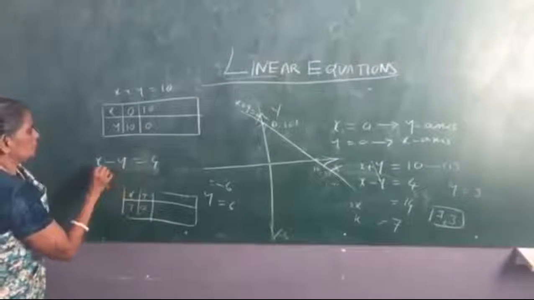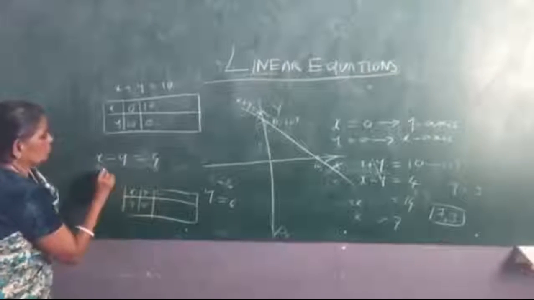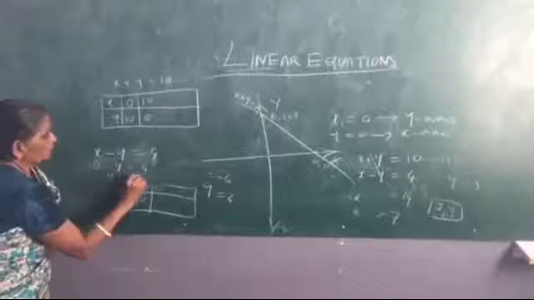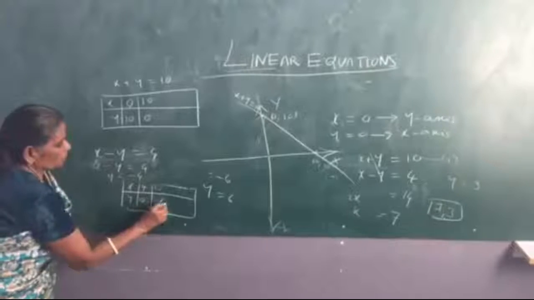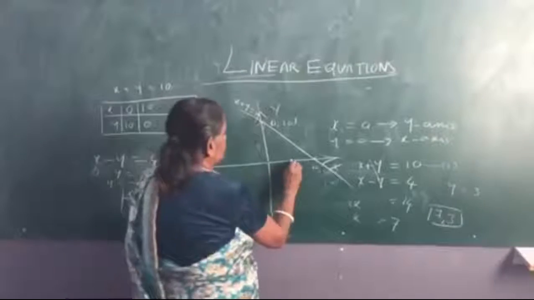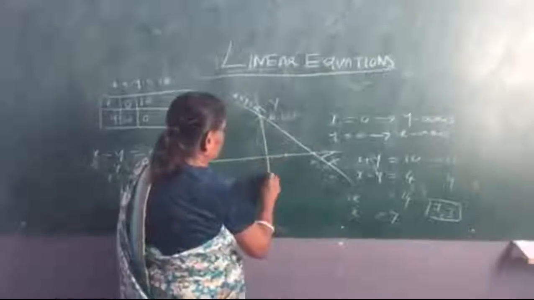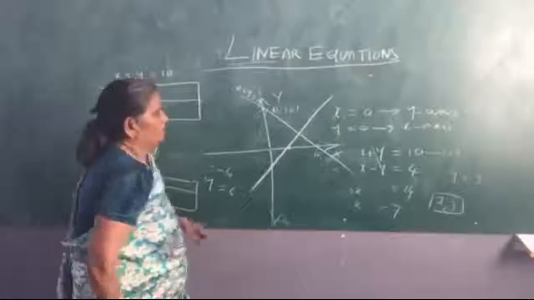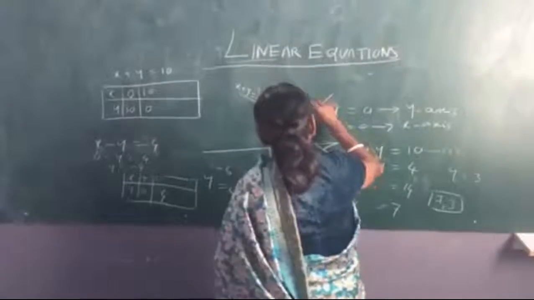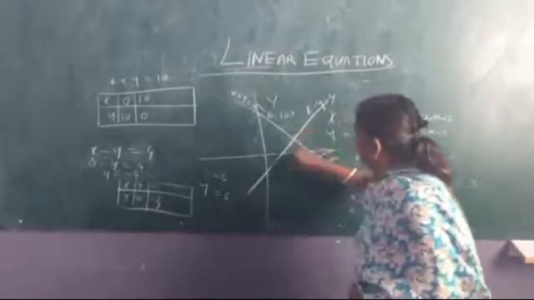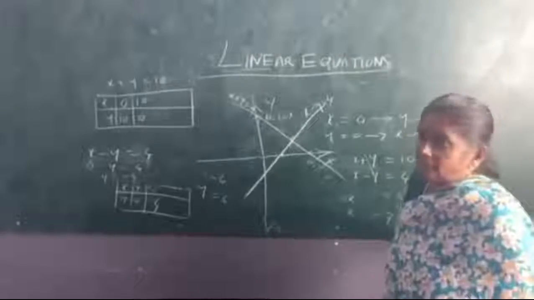For example, now you give x as 0. 0 minus y will be equal to 4, so y should be equal to minus 4. So y is minus 4. Now this is (4, 0) and (0, minus 4). So this is going to represent the equation x minus y is equal to 4. And this intersection point will be (7, 3).